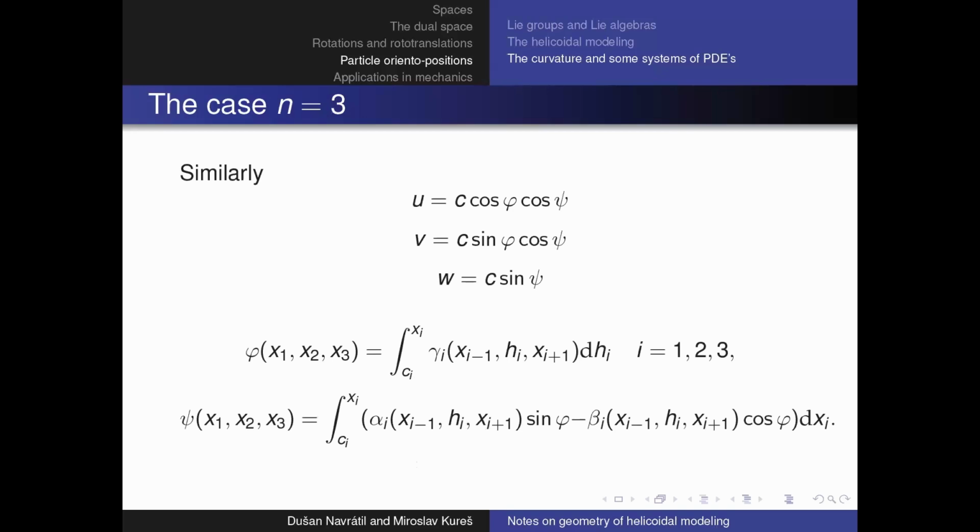And for the three-dimensional case, the situation is similar. The solution lies on a sphere with given radius c, and the functions phi and psi are given by those integrals. So what you get in the end are 6 equations that have to hold together with some boundary conditions.